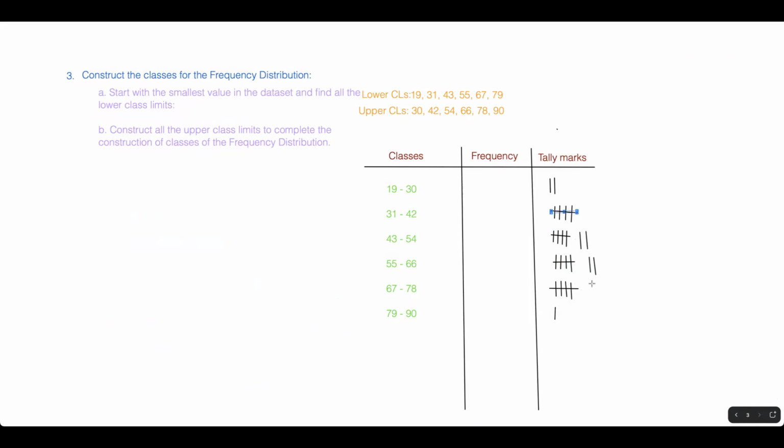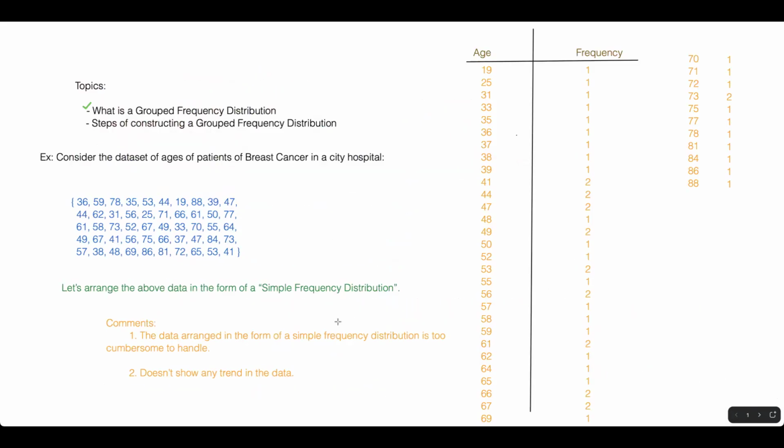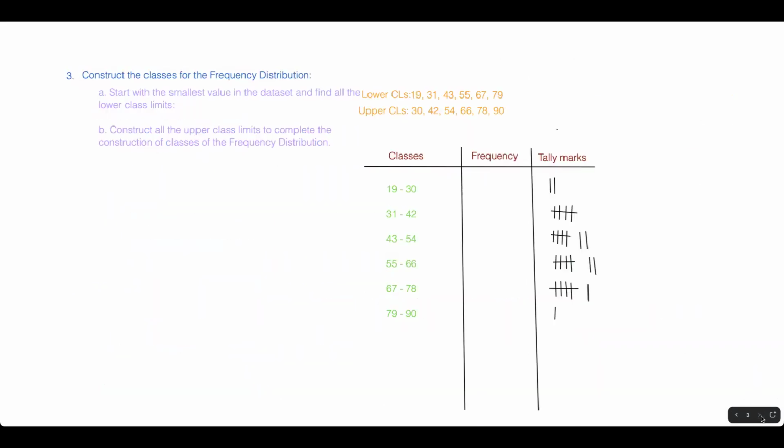And 70 will be here, right? Then 55 and 64. 55 and 64 both will be here in this class, right?